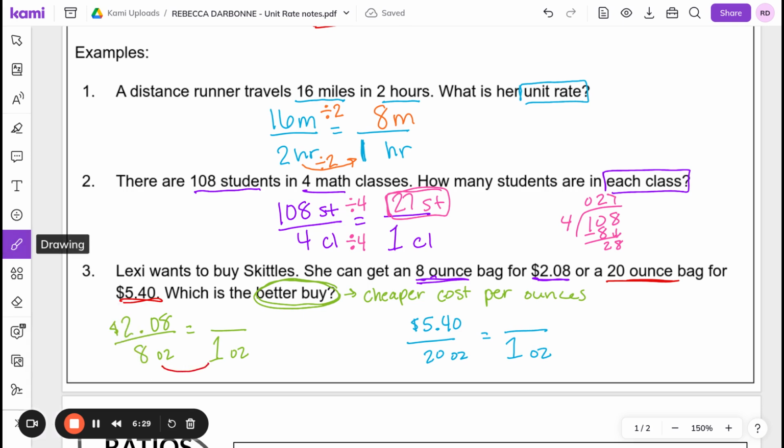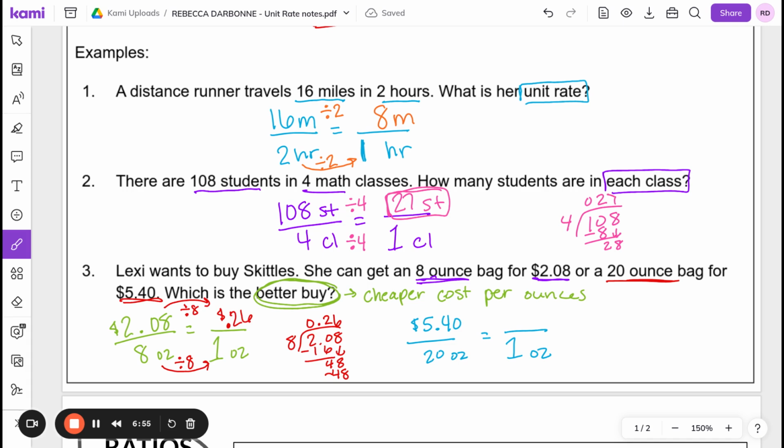So to turn an 8 into a 1, we're dividing by 8. Whatever you do to the bottom, you do to the top. So 208 divided by 8 is going to equal 26 cents per ounce.